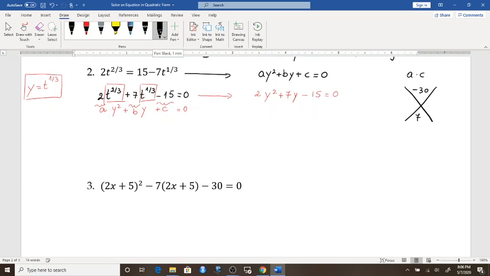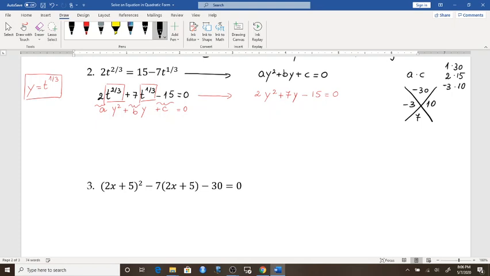Well, if we think of the factors of 30, we can start from 1 times 30, which cannot work, and then we can try with 2, and this would be 2 times 15, we cannot use this, and then we can try with 3, and we get 3 times 10, which is 30, right? Now one of the two needs to be negative. In particular, we're going to have a negative 3, because we need to get a positive 7 as a sum. So the two numbers are negative 3 and positive 10.